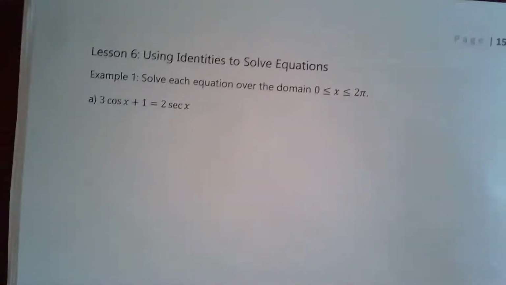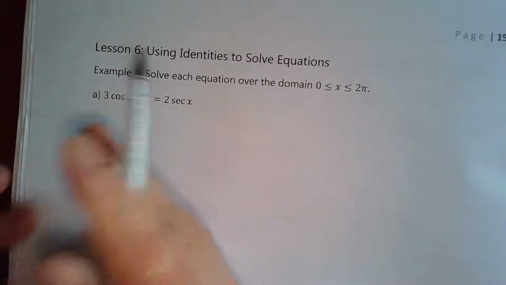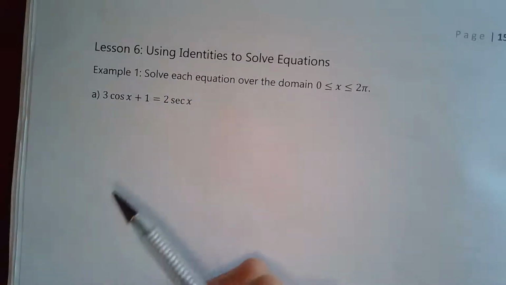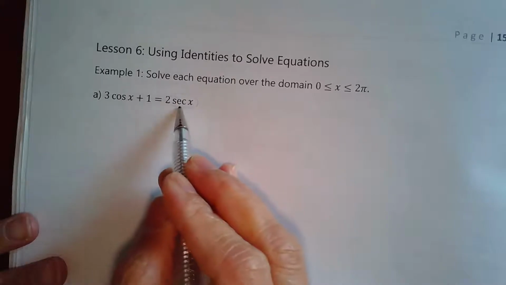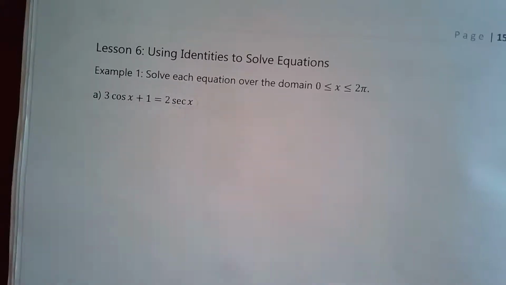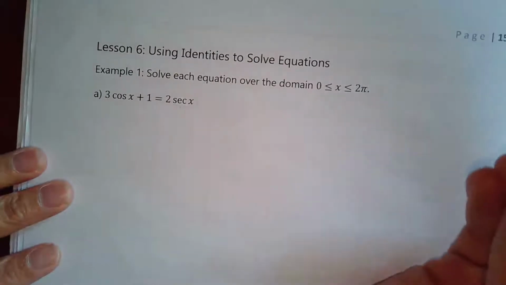What can we do? In this particular case, we have cosine and we have secant. I think the best way to get started is to write down the identity for secant. We know that secant is 1 over cos of x.